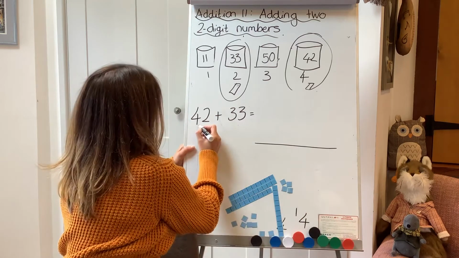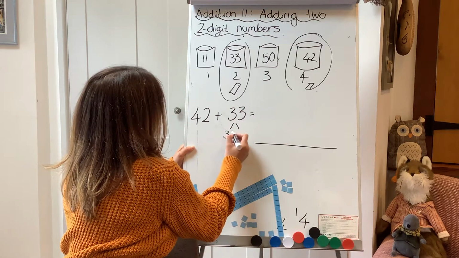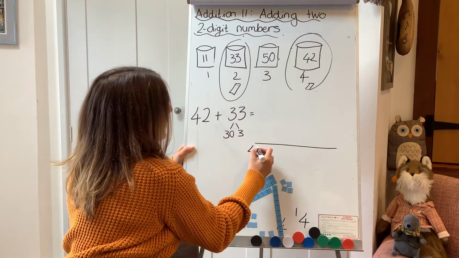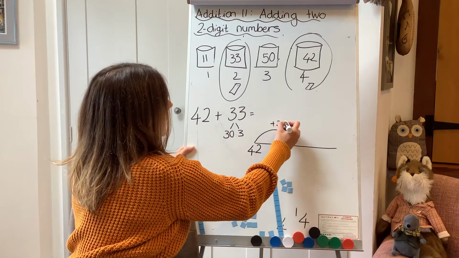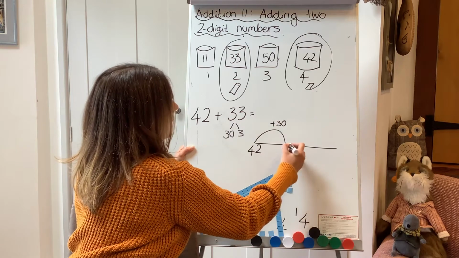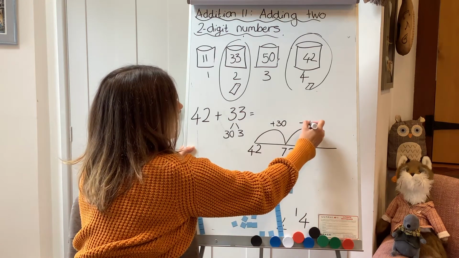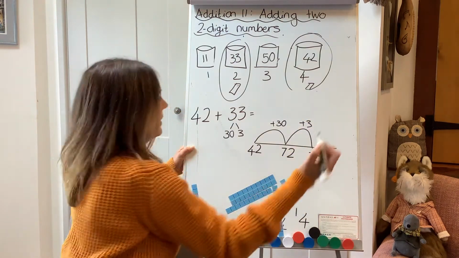So I've got 42, I can add on 30, which takes me to 72, and then add on the 3, which takes me to 75.